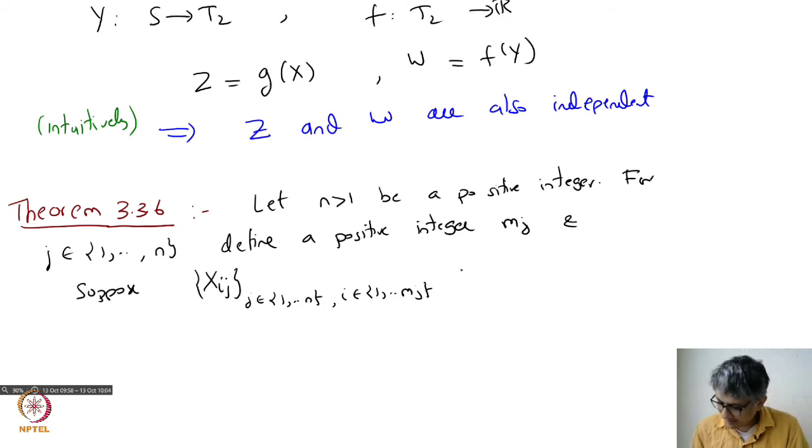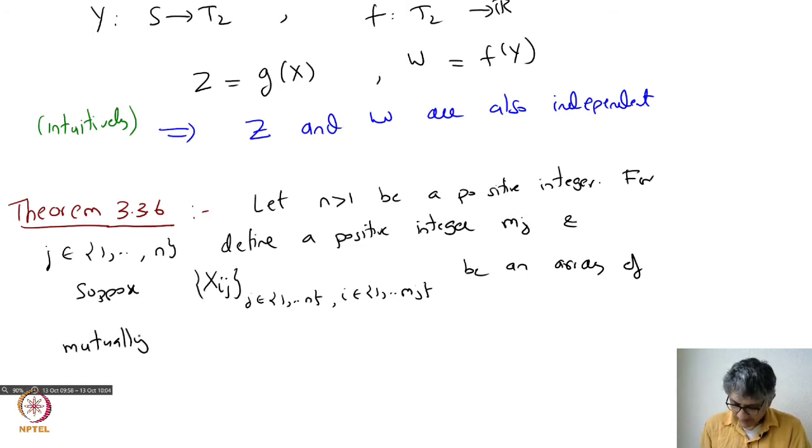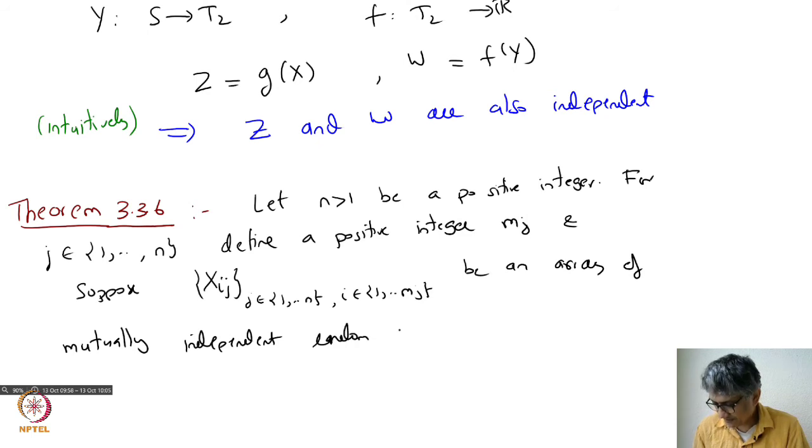So X_ij is an array of mutually independent random variables, for j in 1 up to n.